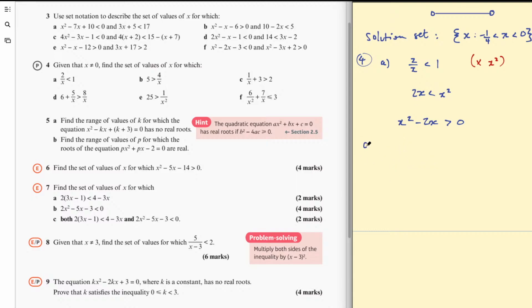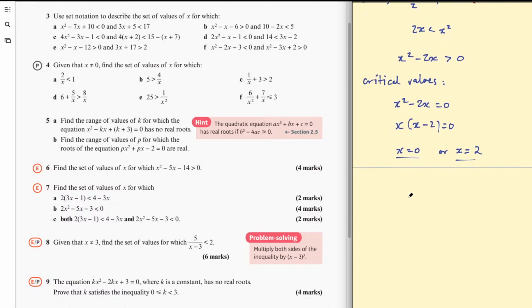And then the critical values are when x squared take 2x is equal to 0. So factorize the x. We get x equal to 0 or x equal to 2. And then draw a little sketch.